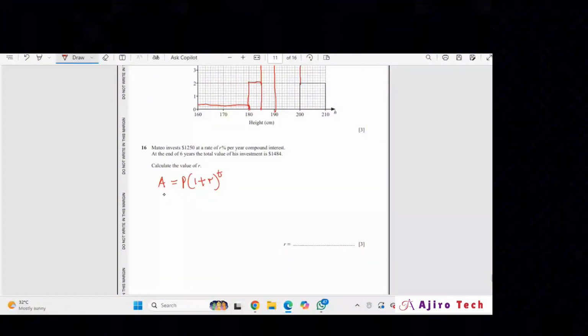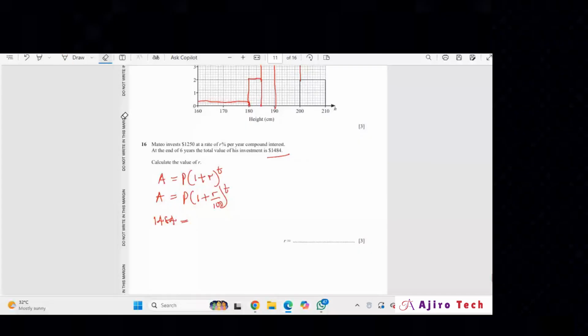The amount here is this guy, so we are going to have 1484 is equal to P, which is the principal. What is the principal here? The principal here gives us 1,250.